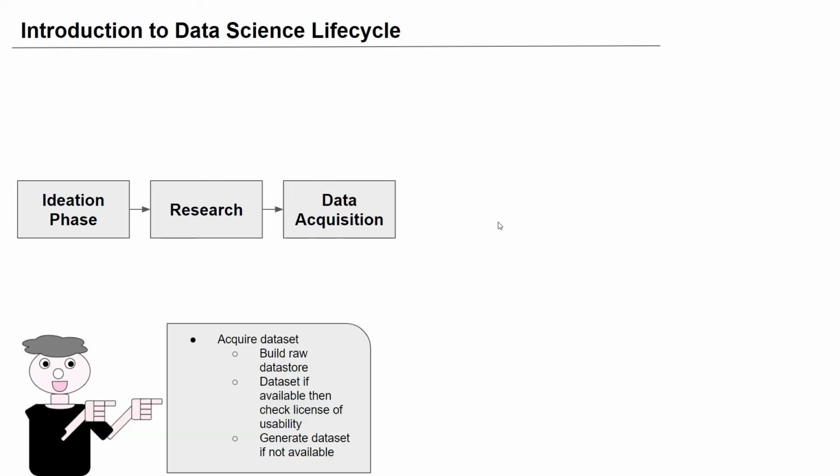So the next phase is the data acquisition phase, and it is comparatively the most tedious phase, I believe, compared to the other phases. So here a data store like AWS S3 can be built initially to collect all the potential data sets discovered in the research phase. Now, sometimes what happens, right, data set may not be available at all.